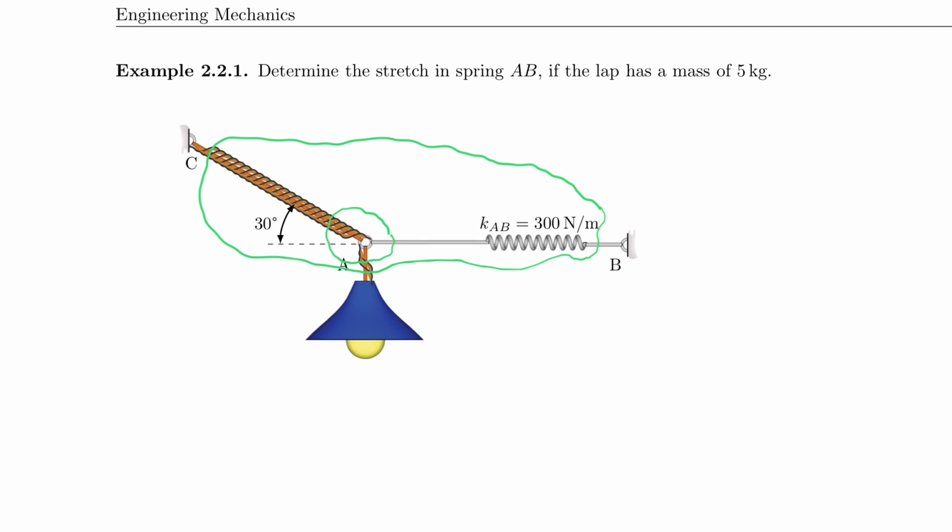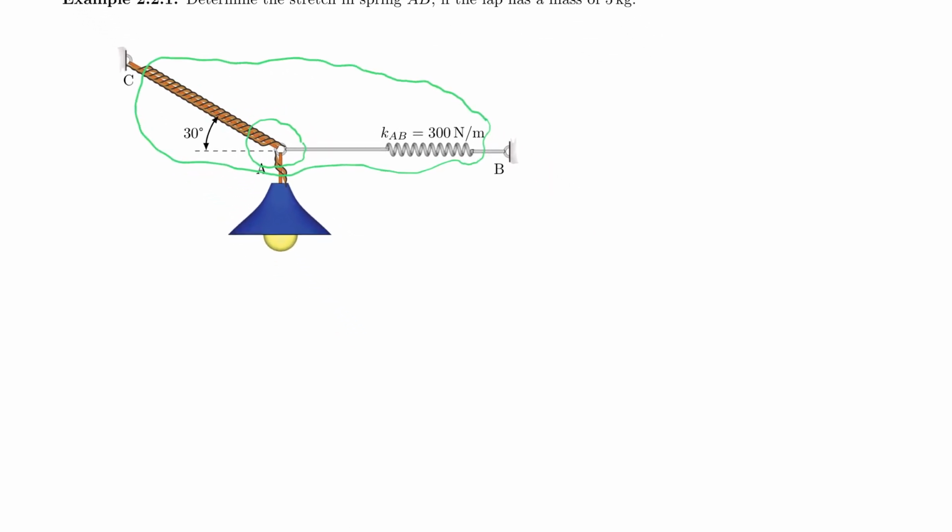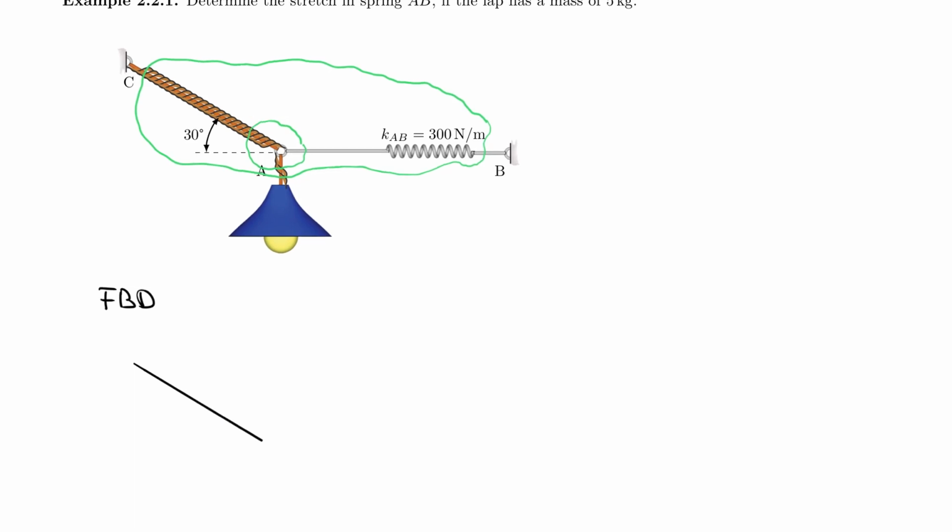So let's go ahead and do that. Let me pull out my ruler here and copy the 30-degree line. So first I start with my free body diagram, and my free body diagram has a cable that is sloped.